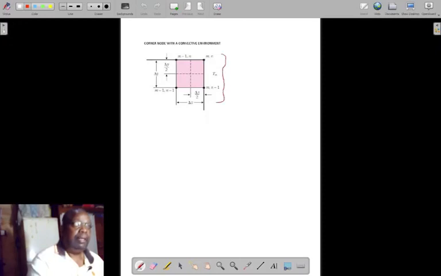That environment are there, okay, and that environment are there.